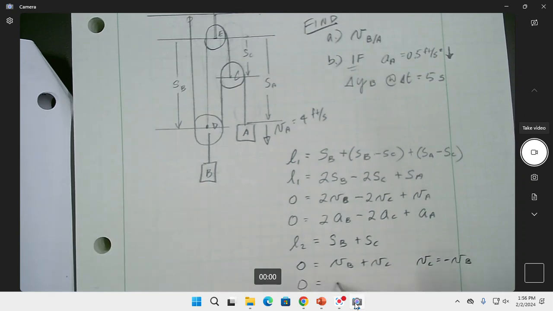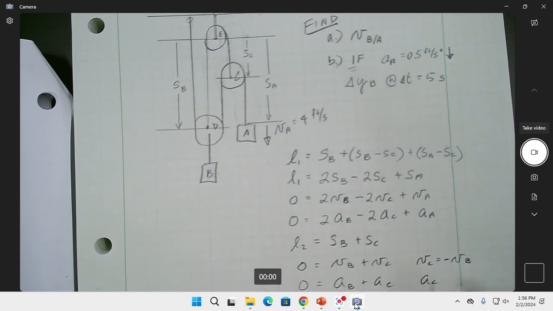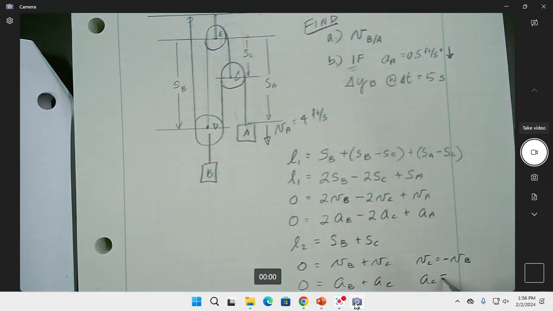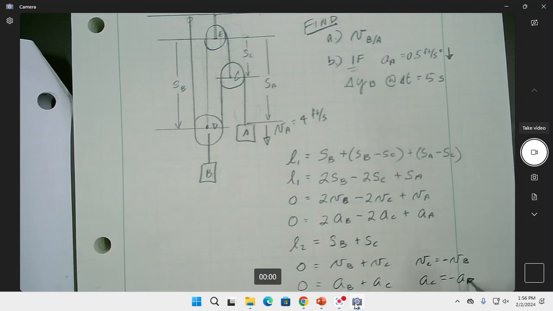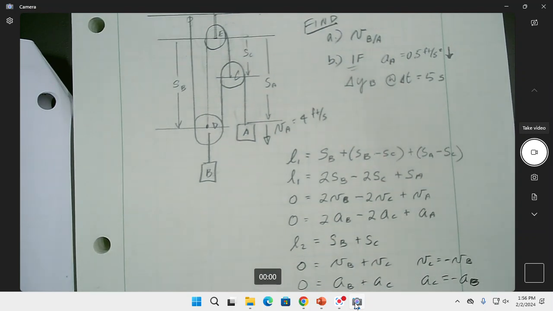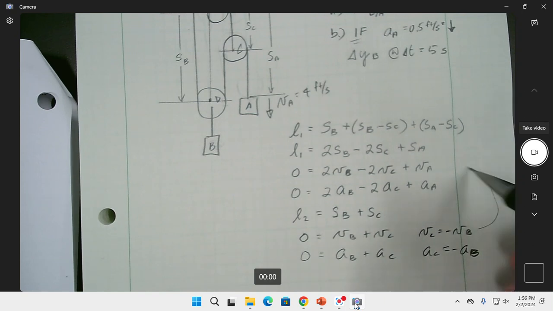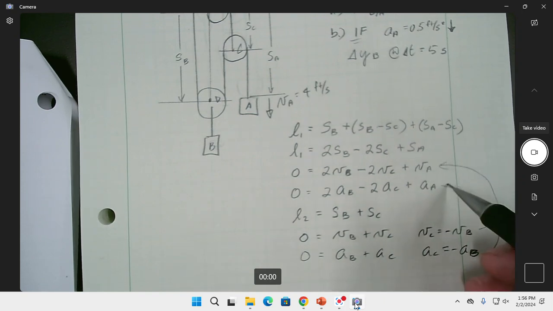Just take the derivative here. Actually, you could just take the derivative of that one. We want to get rid of things that we don't care about, like AC. So what we'll do is we'll put that guy back into there, and that guy back into there.